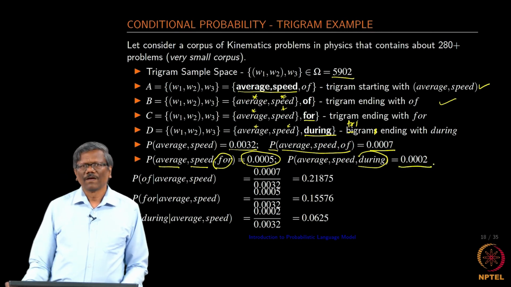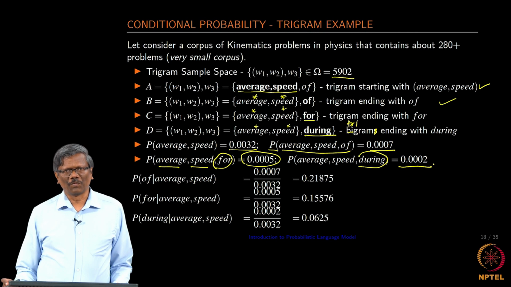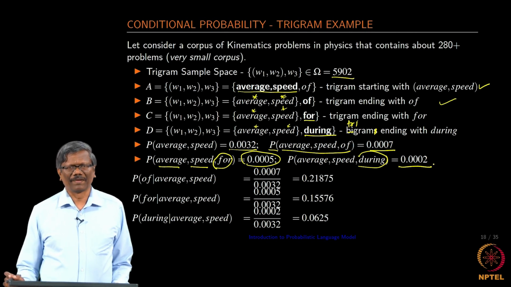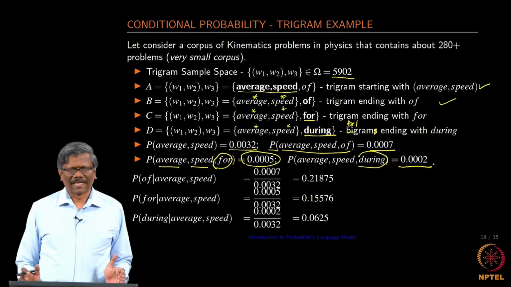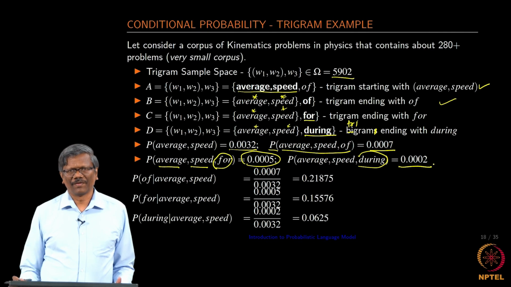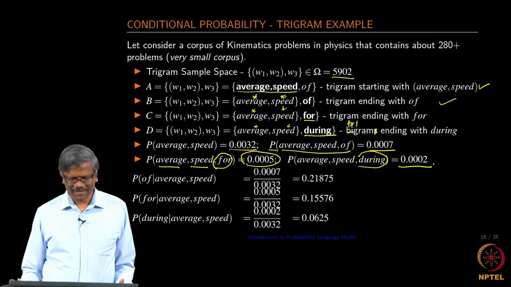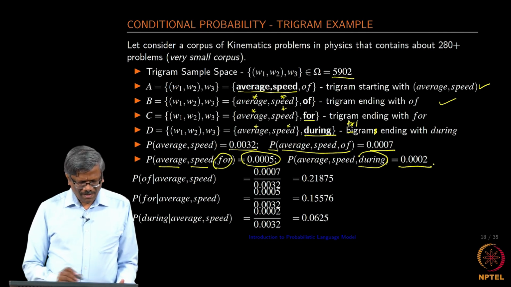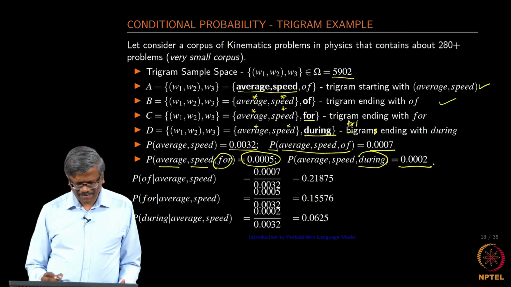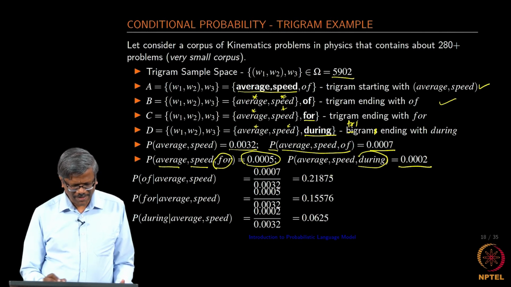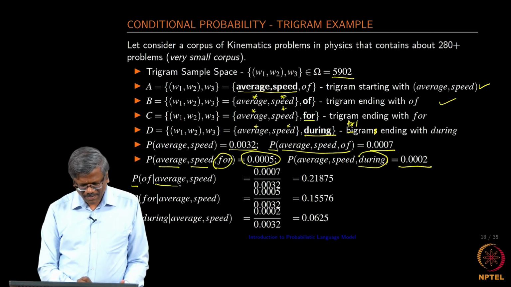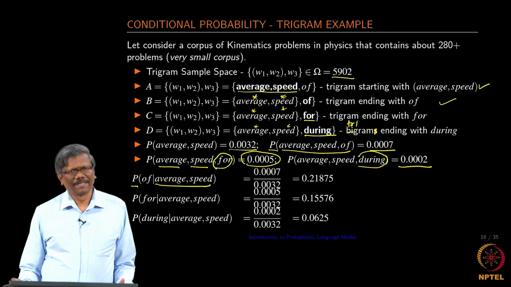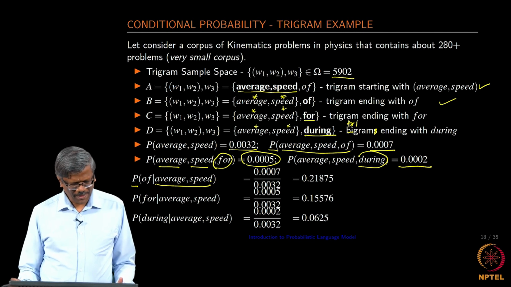So, now we want to estimate what would be the best example or what is the trigram that is most likely to happen with these 3 words. Okay. So, in this case again as we have done in the earlier computation, we are going to be computing the conditional probability where average and speed is known, right.